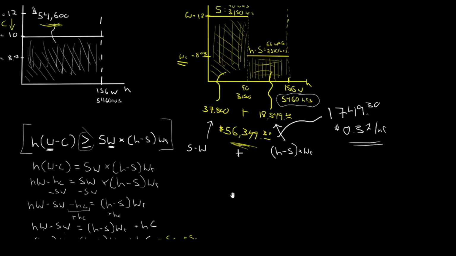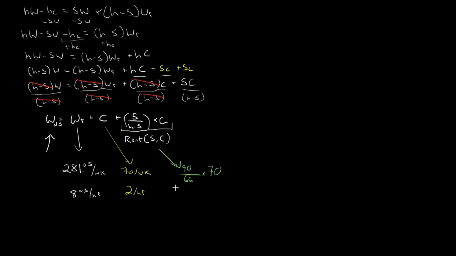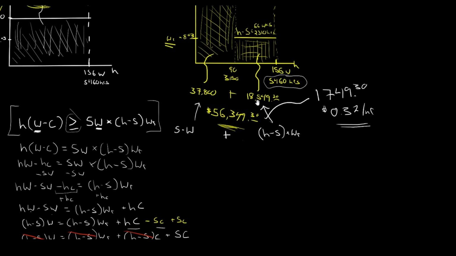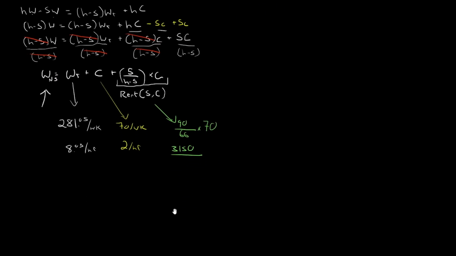She was able to shirk for 31.50 hours. 54.60 minus the 31.50 gave us H minus S of 23.10 hours, times our cost of $2 per hour. That was 70 per week.